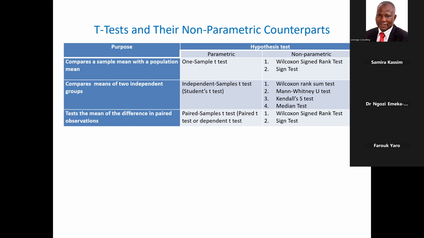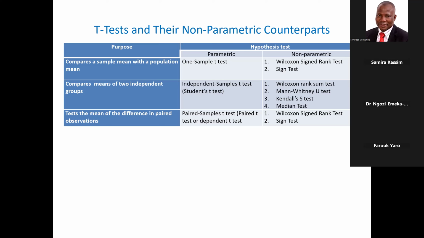Then to test the mean of the difference in paired observations, like the last one we did yesterday, which is the paired sample t-test or dependent t-test, the non-parametric counterparts are the Wilcoxon signed rank test and the sign test.